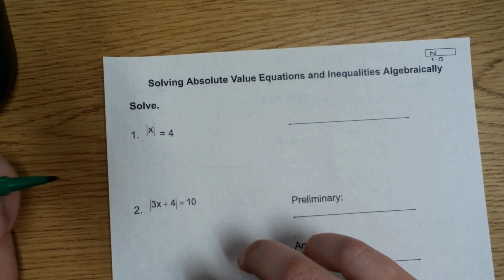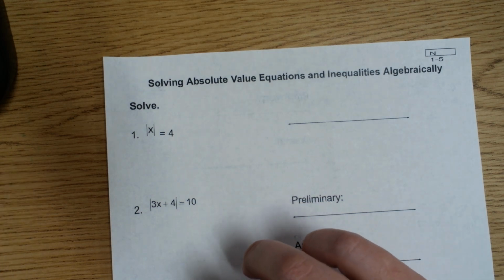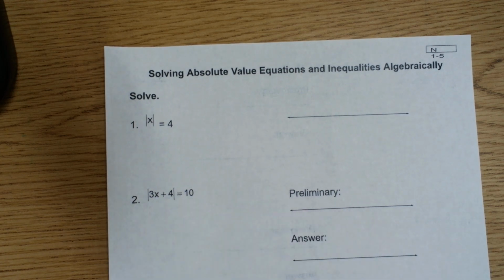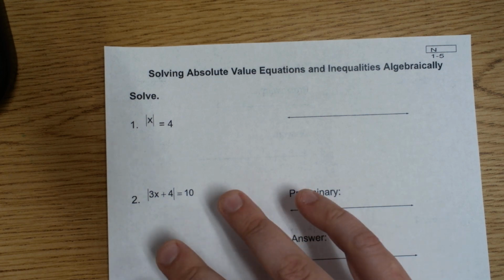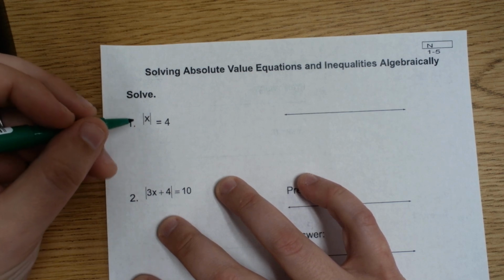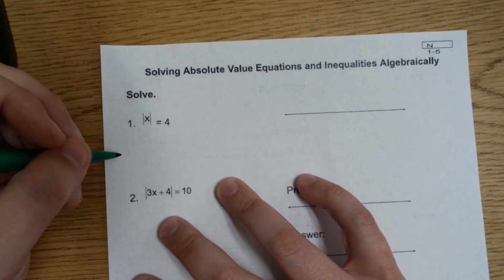That's going to give me a couple of solutions on pretty much everything that we do. So you'll start to see some similarities to the conjunctions and disjunctions that we did as we graphed inequalities. Looking at this first one, the absolute value of x is equal to 4.